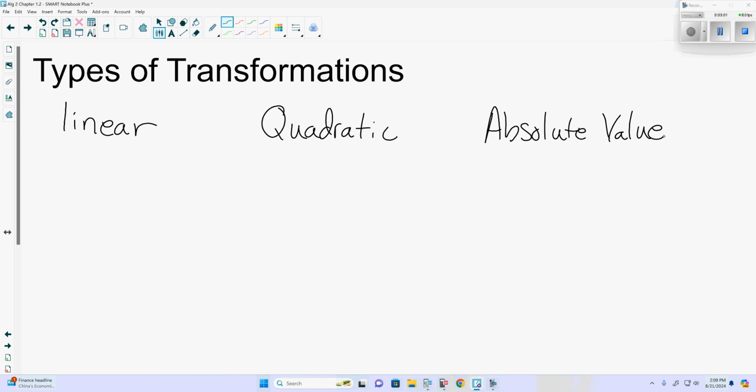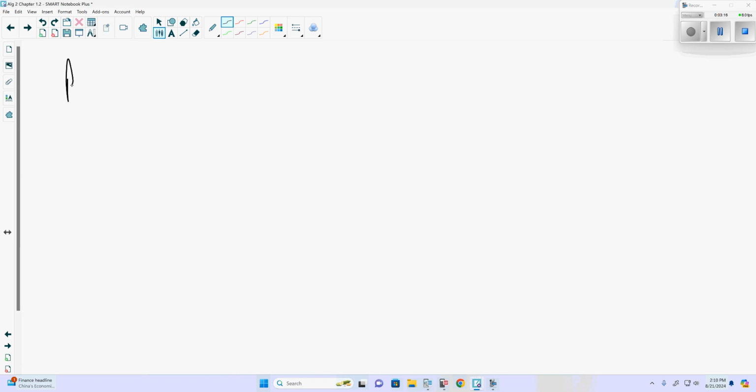We don't look too much at constant because constant is either going to move up or down. That's it. So if we have f of x, well, I'm going to add this. You don't have to write this because the parent function is f of x equals 1. And if I said we had f of x equals 4, well, what changed?